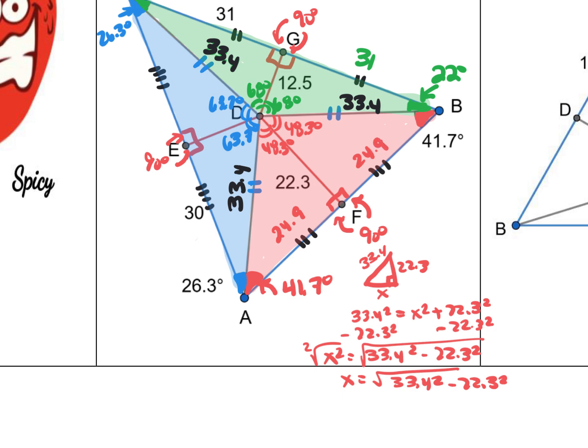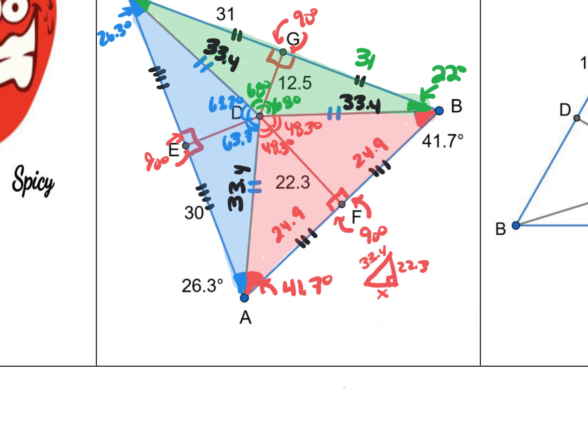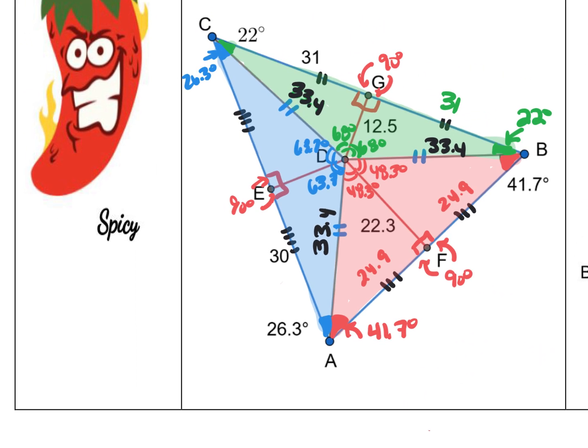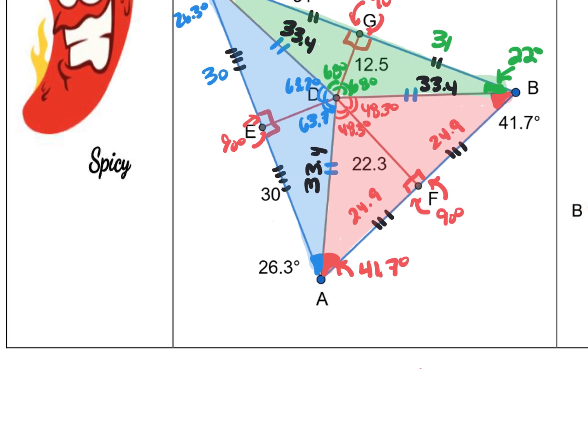All right, I'm going to erase all this again. And now go to my blue triangles. So, right off the bat, I have the 30. I can put 30 up here. And then let's draw my triangle.